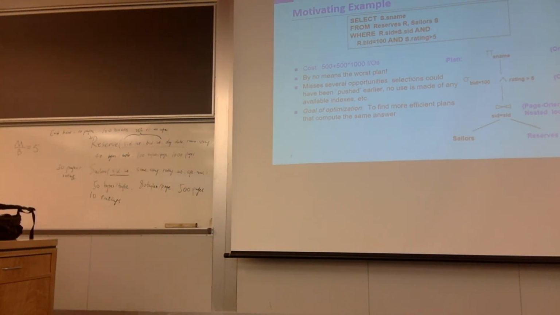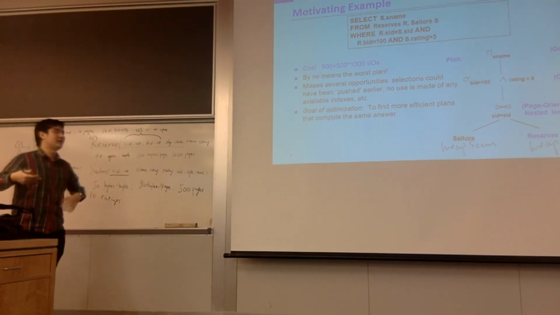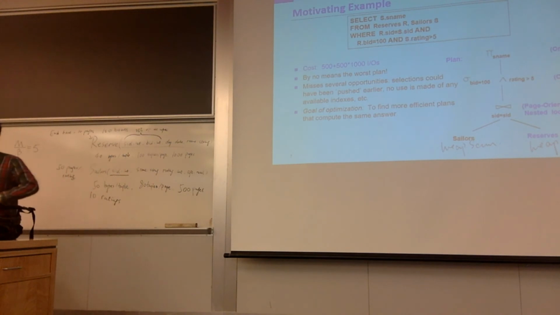For the sailors table, suppose you don't have an index, then you need to scan everything from a heap. So that's a heap scan. And for reserves, it's also a heap scan. Then on top of the result of the heap scans, you apply a page-oriented nested loop. Then you do the filter on the fly and the projection on the fly.